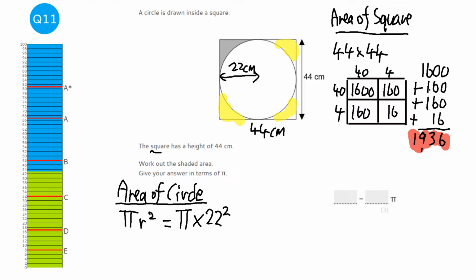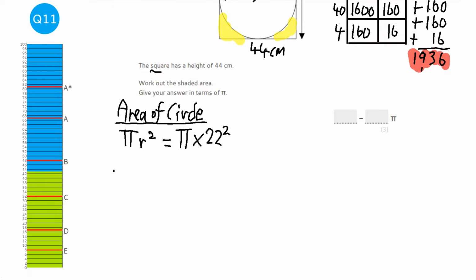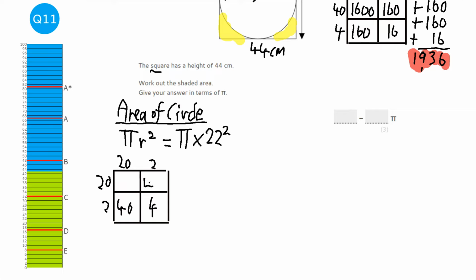So I'll need to do another grid. Let's do that underneath. Okay, so 22 times 22. 2 times 2 is 4. That's going to be 40, and that's going to be 40, and that's going to be 400.